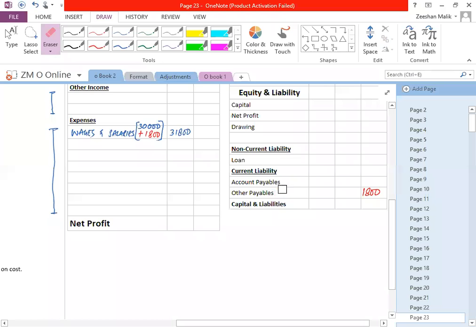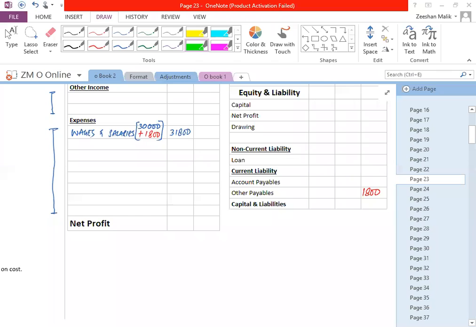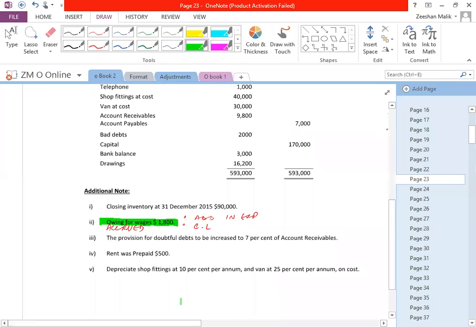So there is no need to write it here. Every adjustment twice.